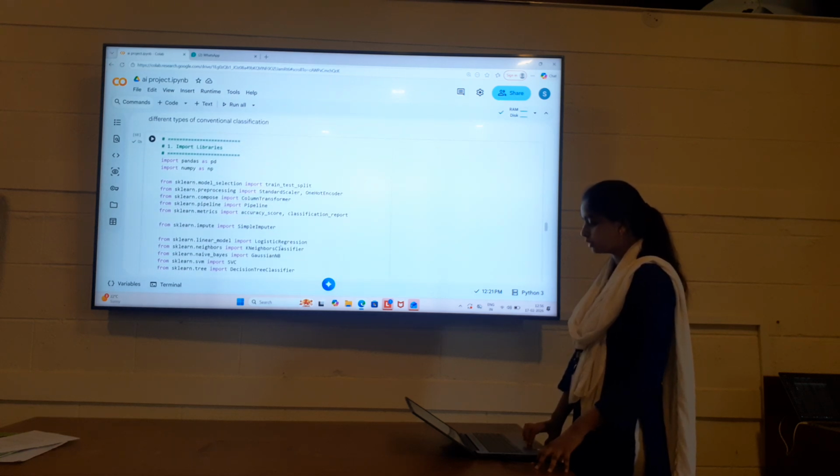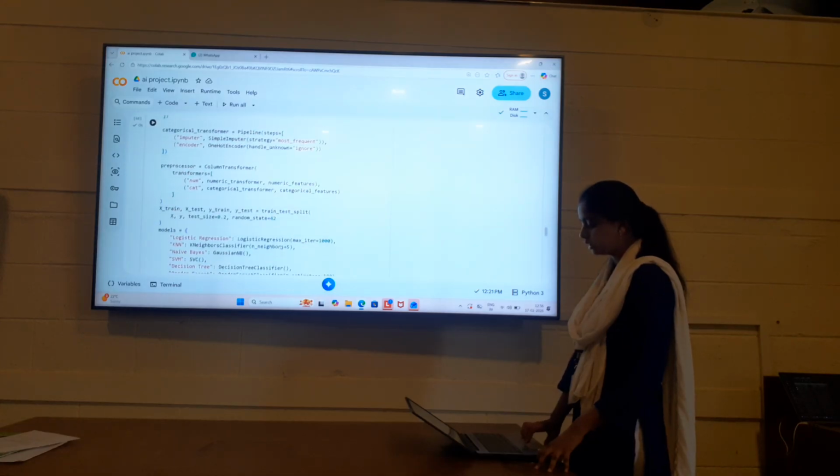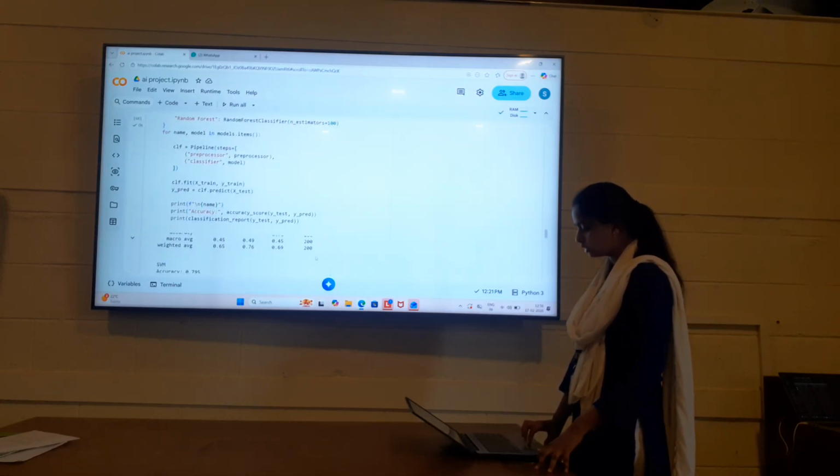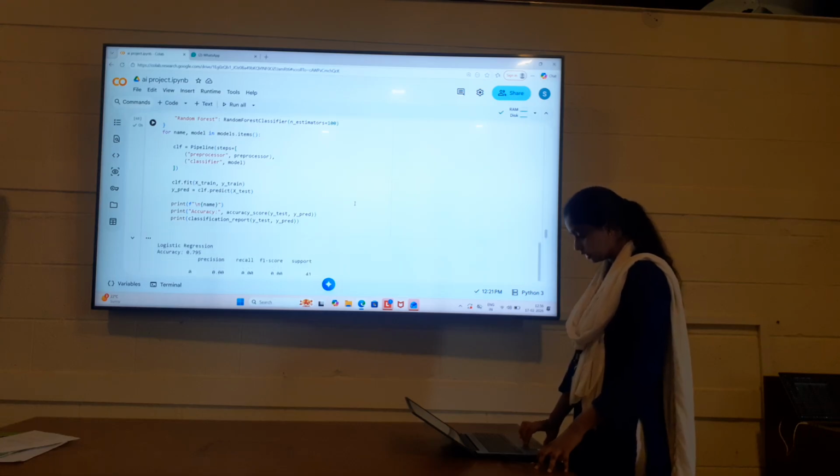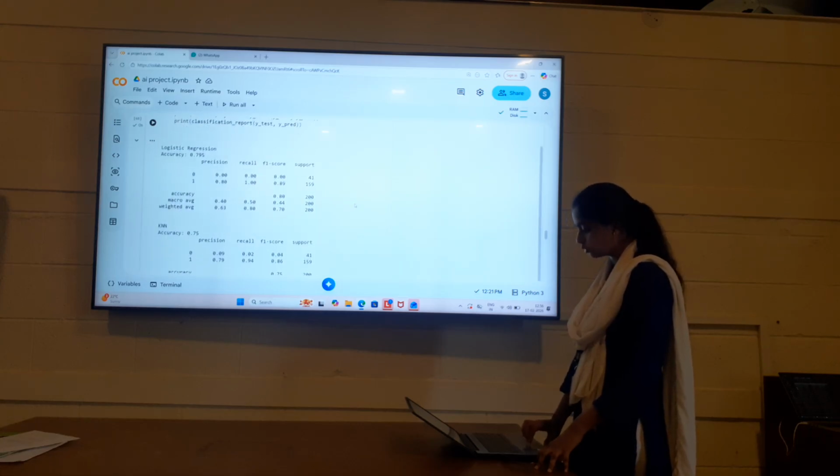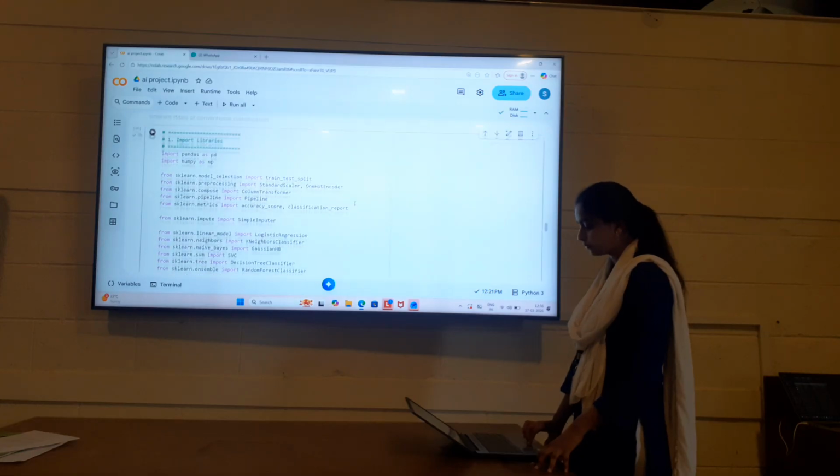Different types of conventional classification have been done. I have used logistic regression, where accuracy is around 0.795.